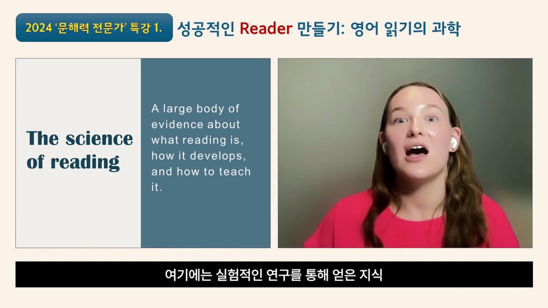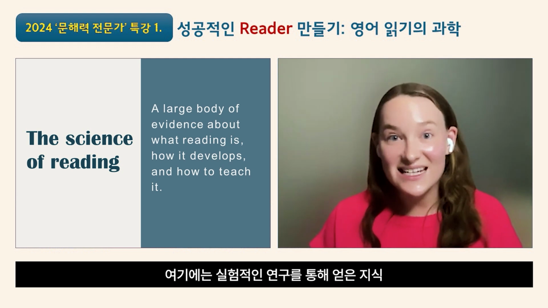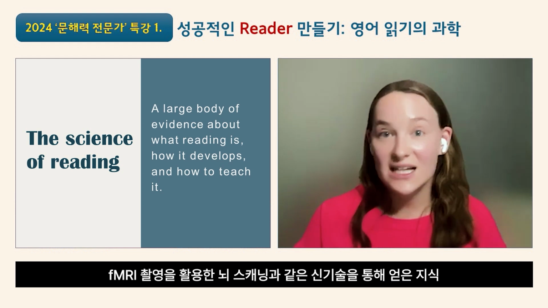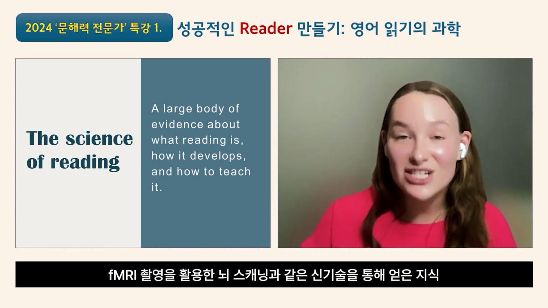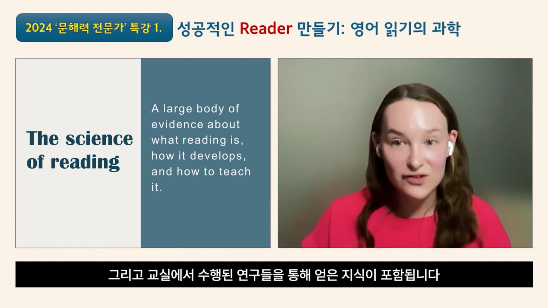It includes knowledge that we've gained from experimental studies, from studies inside laboratories, from new technology like scanning brains with fMRI imaging, and also from studies that have been done in classrooms.